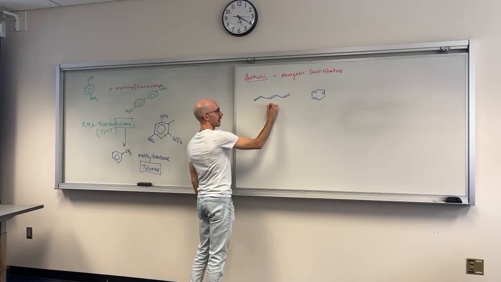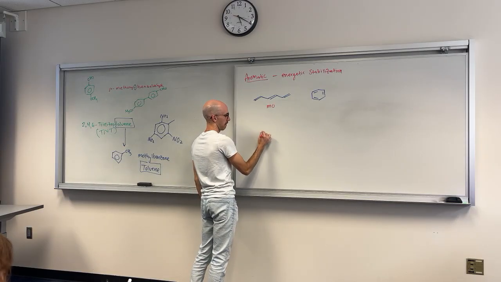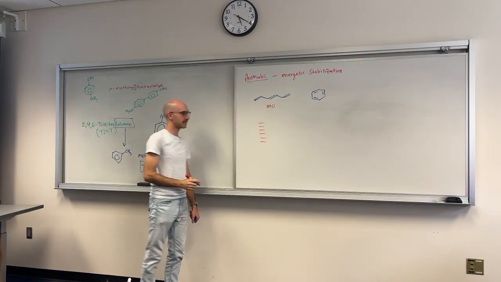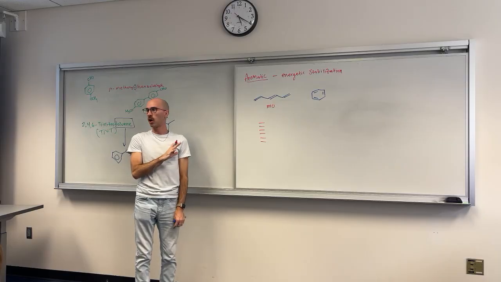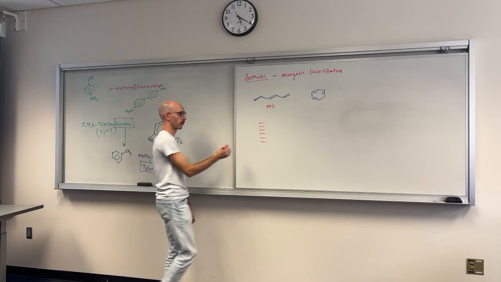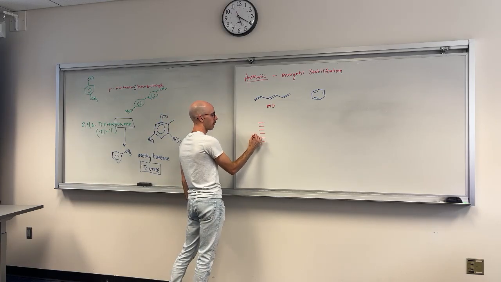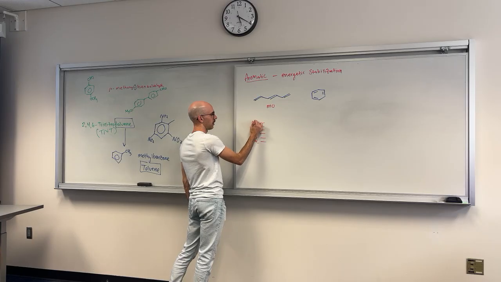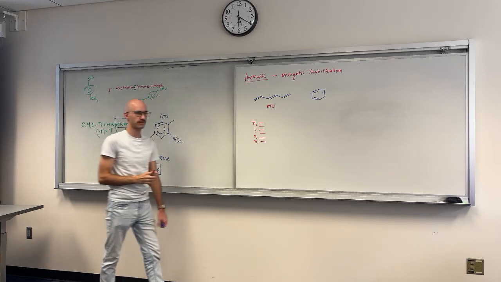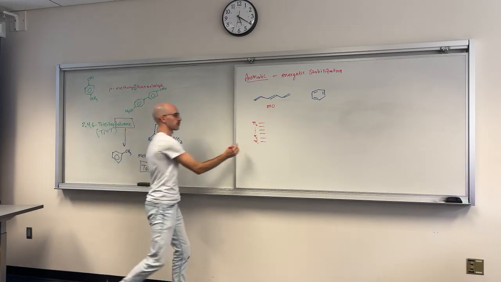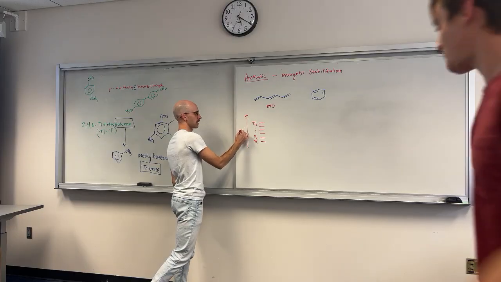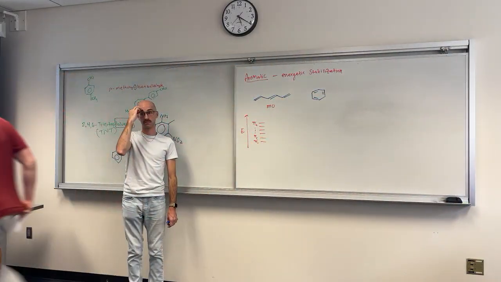So this MO diagram has 6 molecular orbitals. We could call them pi 1, pi 2, all the way up to pi 6. And of course, we always plot them by lowest energy to highest energy.